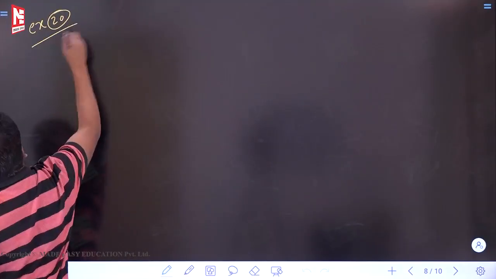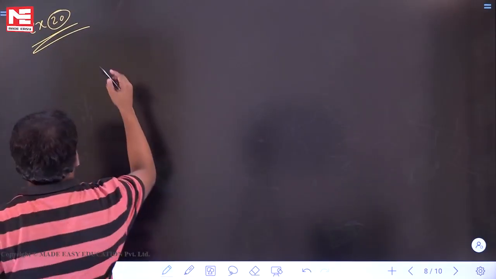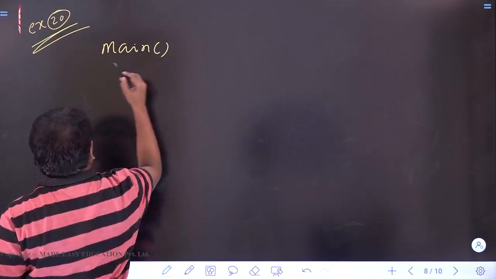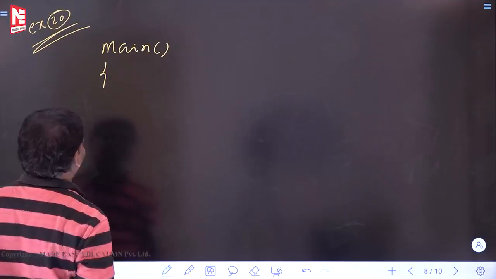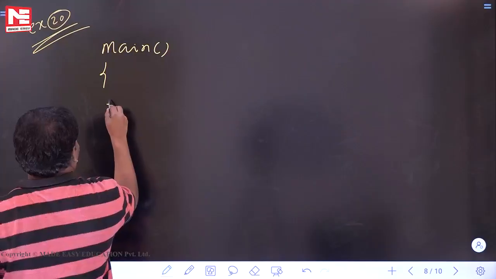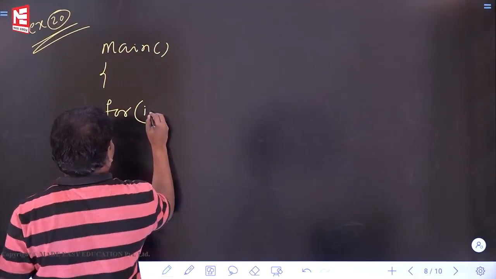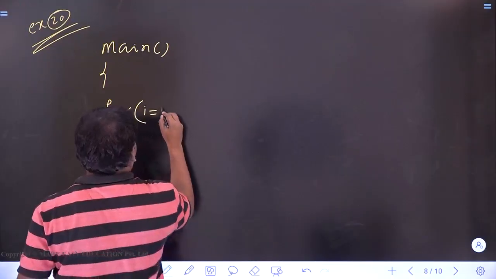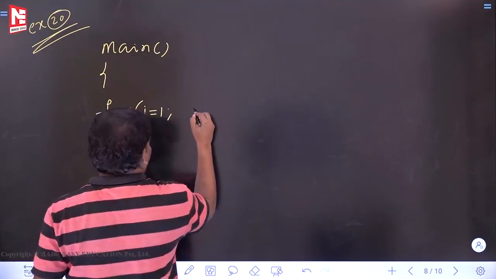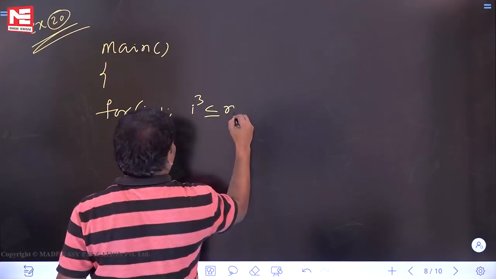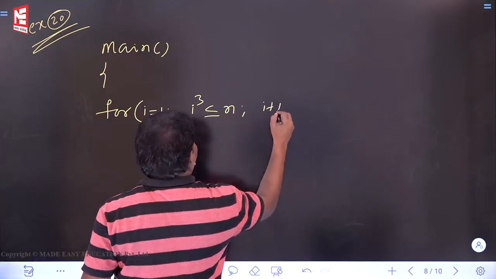Example 20. main. For i = 1, i cube less than or equal to n, i plus plus.